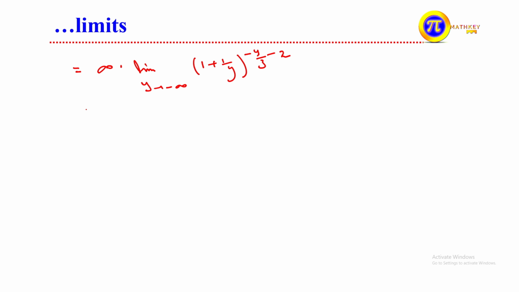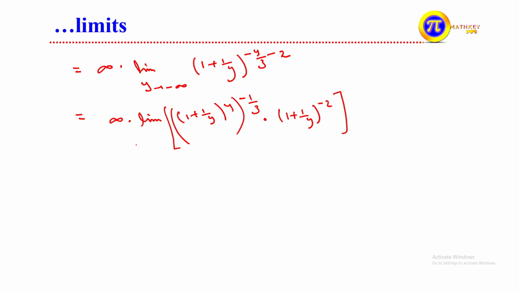This is equivalent to positive infinity times the limit of (1 plus 1 over y) to the power of y, the whole to the power of negative 1 over 3, times (1 plus 1 over y) to the power of negative 2, as y approaches negative infinity.